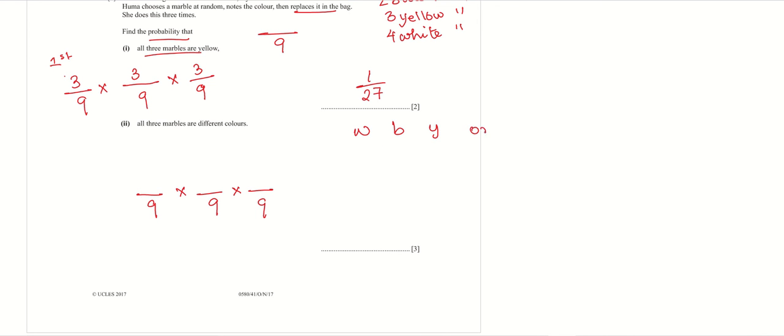But the order can differ, right? It's not that she's just restricted to W, B, Y, which is white, blue, yellow.